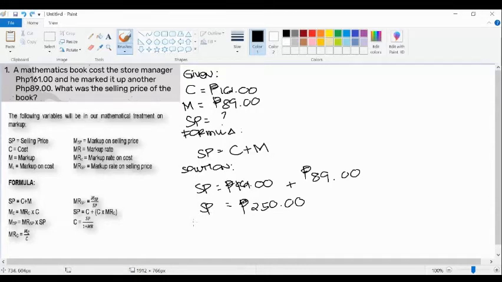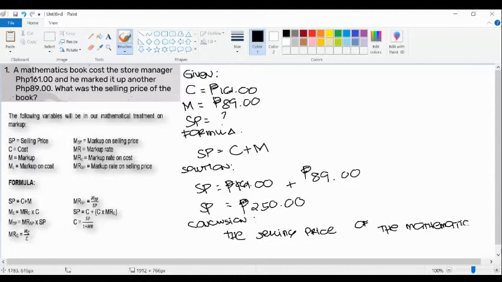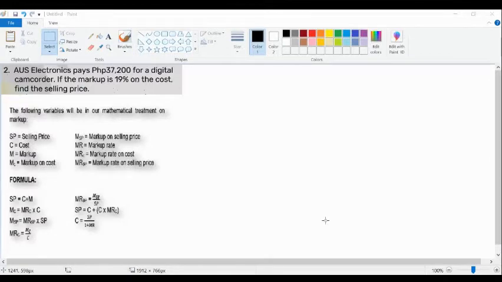So your conclusion will be the selling price of the mathematics book is 250 pesos.